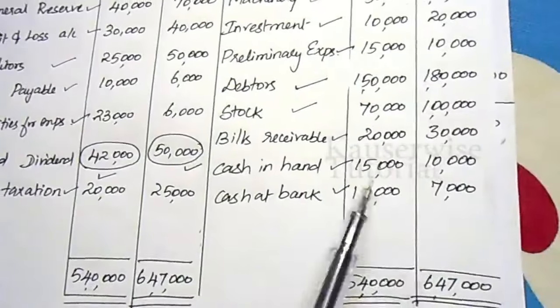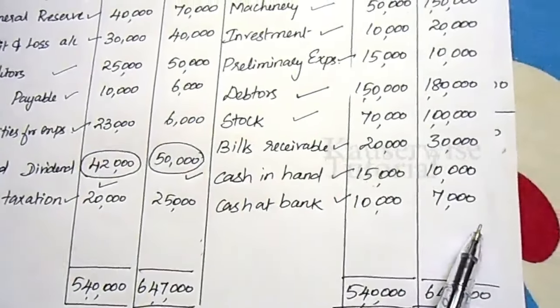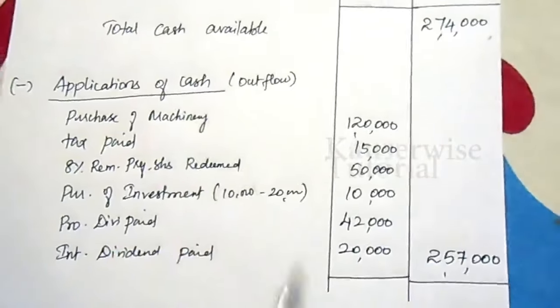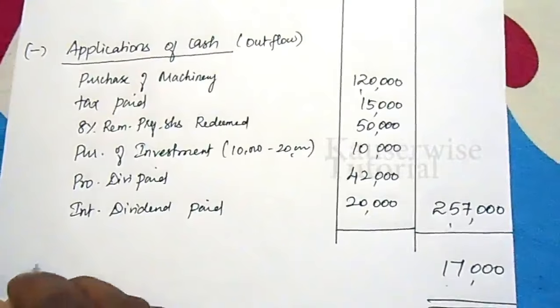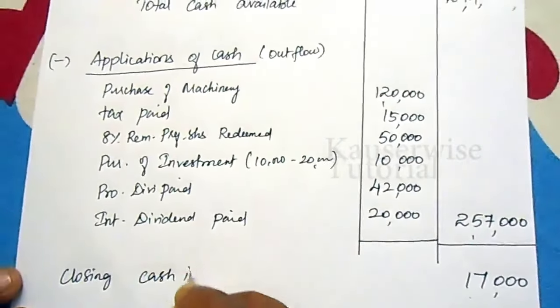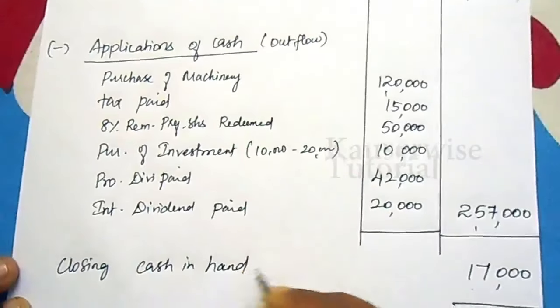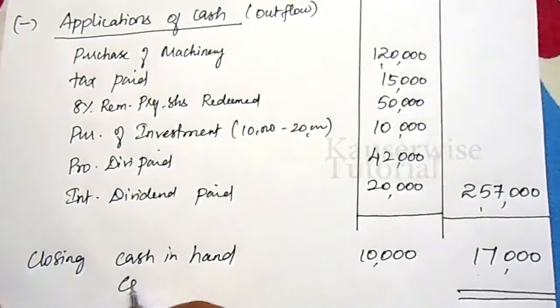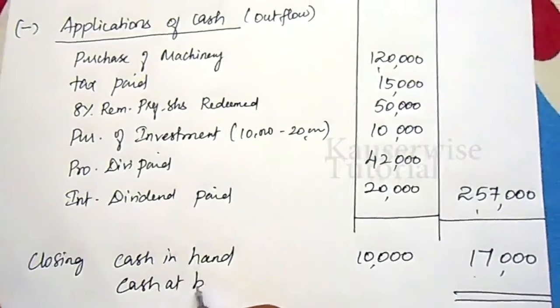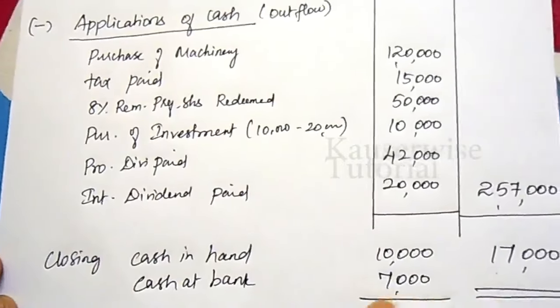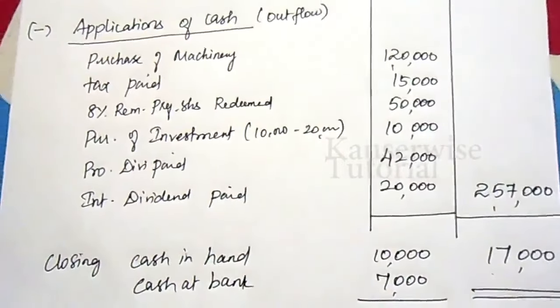We have matched opening and closing cash balance with sources and applications. How much? 17,000. Closing cash in hand 10,000. Cash at bank 7,000. Total 17,000. Thank you.